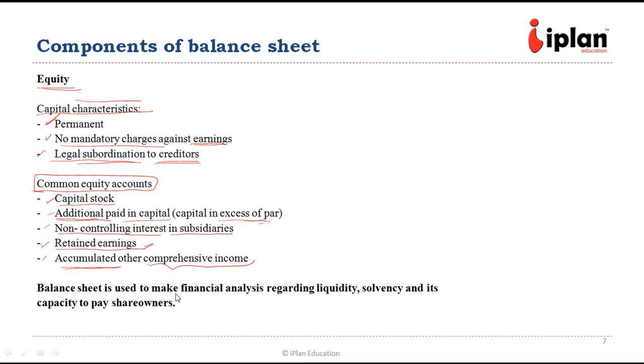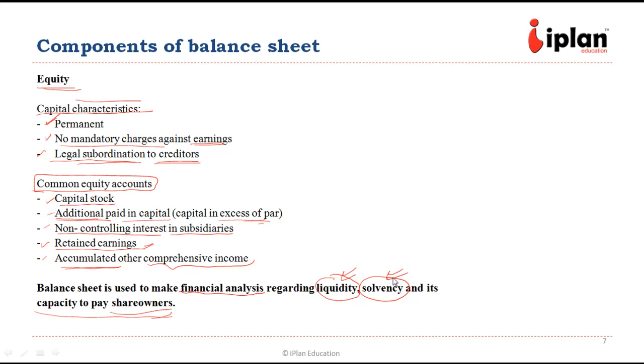This balance sheet is used to make financial analysis regarding liquidity, solvency, and capacity to pay shareowners. If the company has current assets significantly higher than the current liabilities, that will say in the short term liquidity is good.